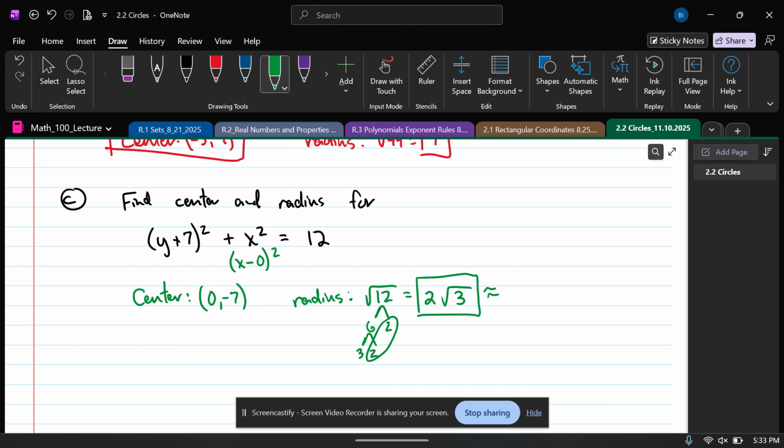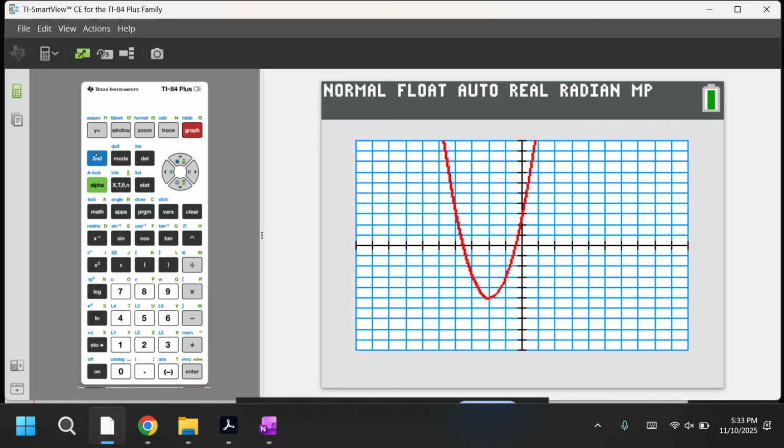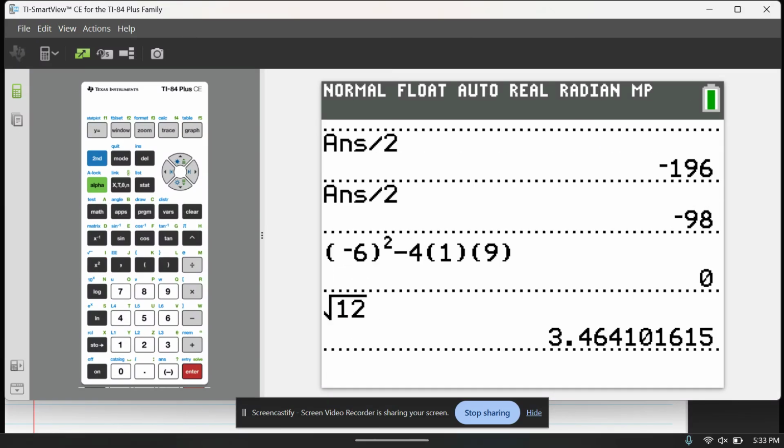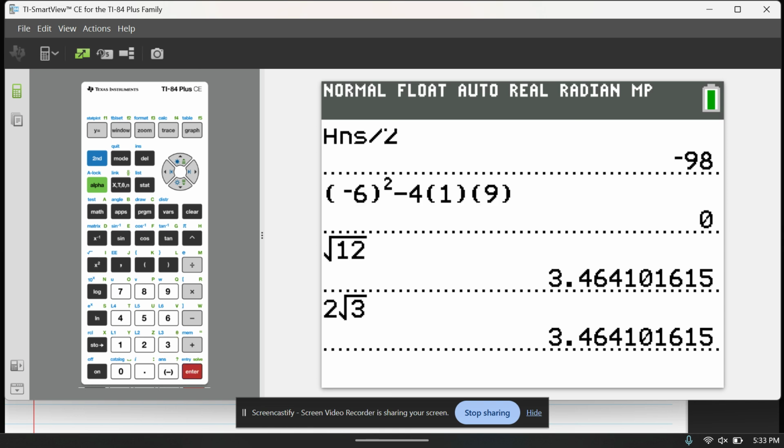You could also get a decimal approximation for that if you wanted to, and then match it up with the one that is the same thing. So the square root of 12 is the same thing as 2 radical 3, but really this is how they're most likely going to have the answer written.